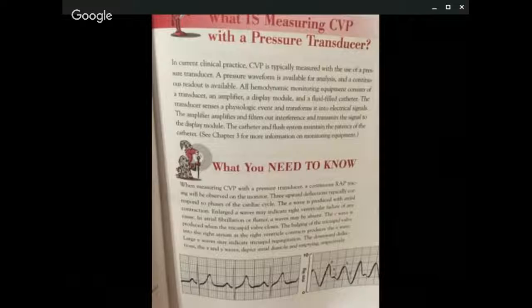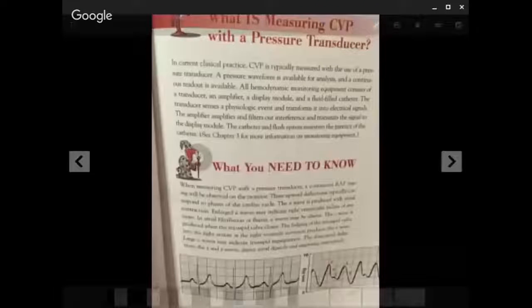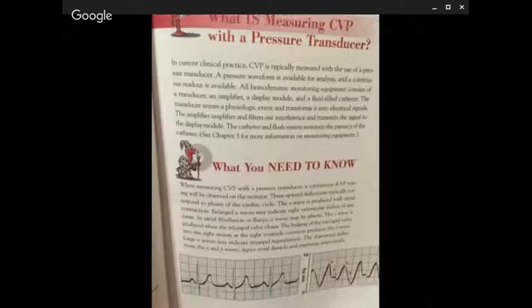The C wave is produced when the tricuspid valve closes. The C wave is below the A wave. The bulging of the tricuspid valve into the right atrium as the right ventricle contracts produces the V wave.